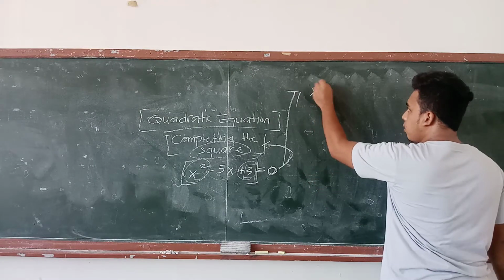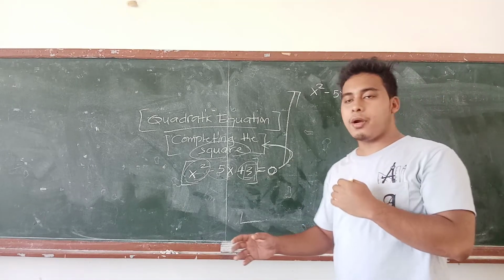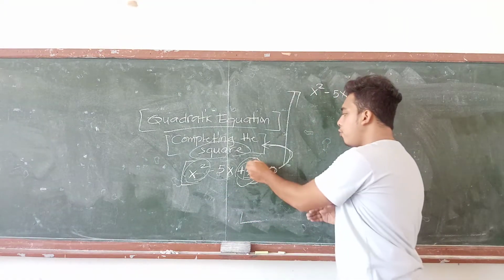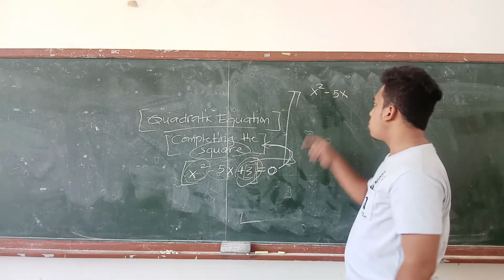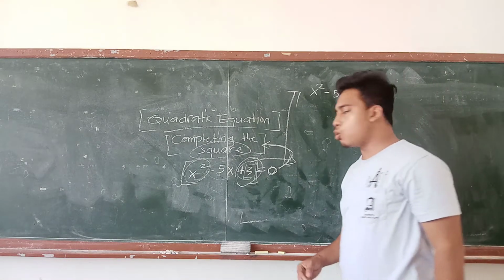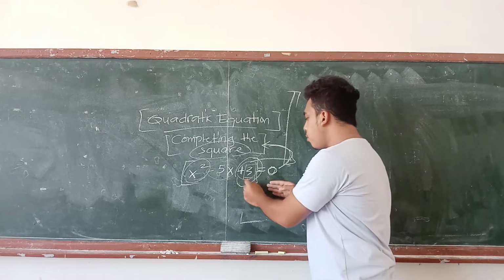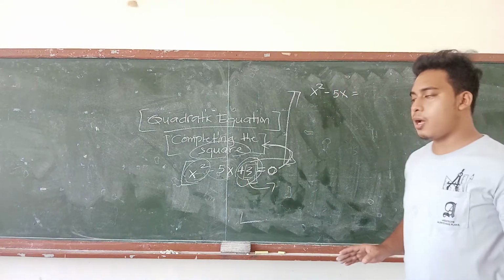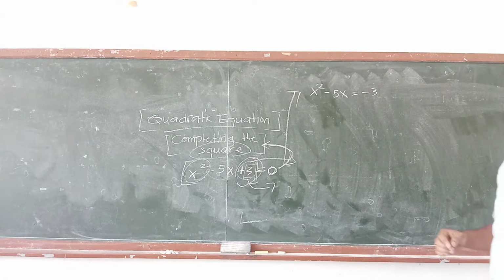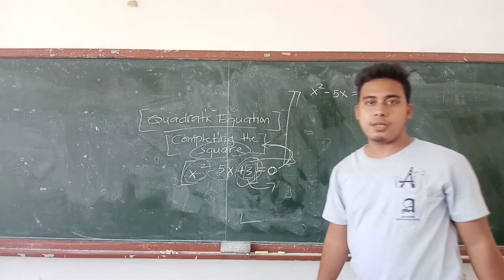So x squared minus 5x, and to change general to standard, the constant term on the left hand side will be moved to the right hand side. x squared minus 5x equals, since our constant term is positive 3, when we move it to the right hand side it becomes negative 3.